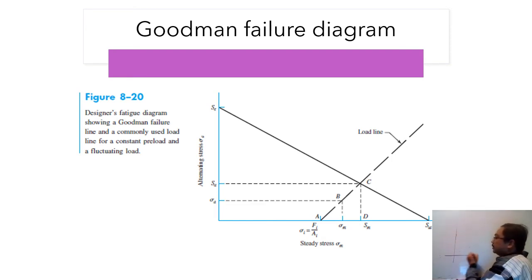This is the graph, and then you get this. This is the strength. This is the ultimate strength. You remember in your material class about the stress strain diagram.